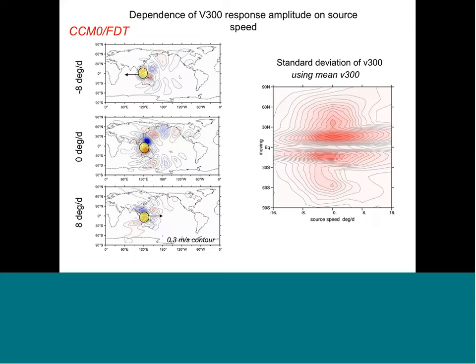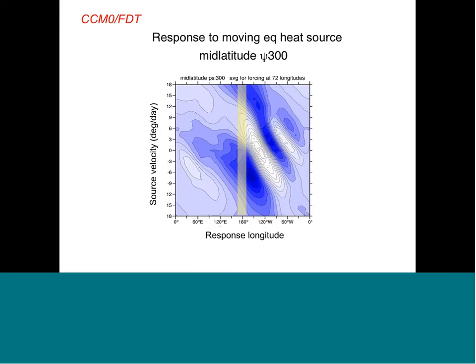Okay, now I'm going to go to the next diagram, which should be a single panel with a lot of blue on it. This diagram is now looking at the structure of the response, as a function of longitude on the x-axis. This is in mid-latitudes of the northern hemisphere.